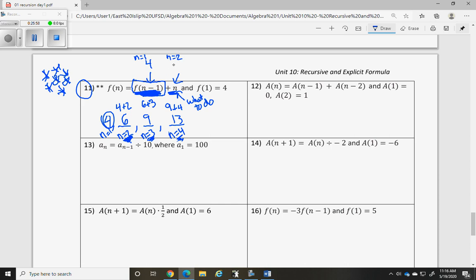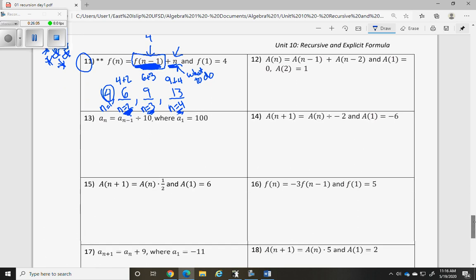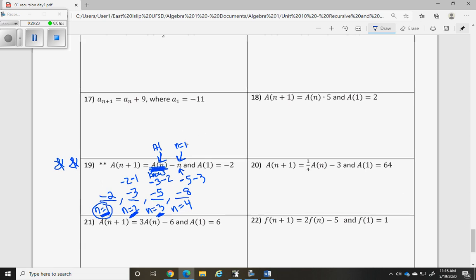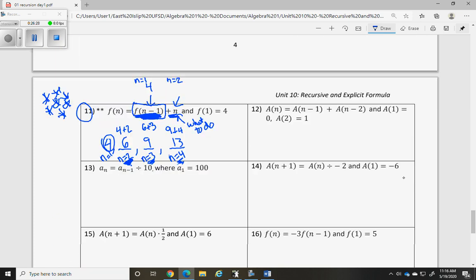It's still like the way that I'm thinking about it. I want to add on the 2. Over here, this is my a sub 1, and that's an n, which means this n that I'm using is a 1. So you can see that in this case, I was using when n was 1, where in this case, I was using when n was 2. Because this is an n minus 1, and this is an n.